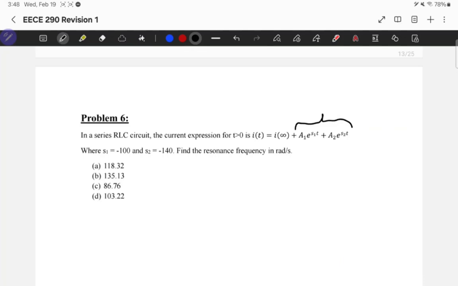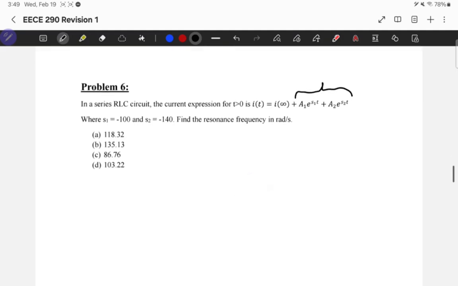Now I have an RLC circuit, so I have in the same network an inductor and a capacitor. So I know that I'm in chapter 8 and I'm in series RLC. I'm given the equation of the current, which is I at infinity plus a constant times exponential S1t plus another constant times exponential S2t. From the formula sheet, I recognize this formula and I see that it's an overdamped response from the RLC circuit.